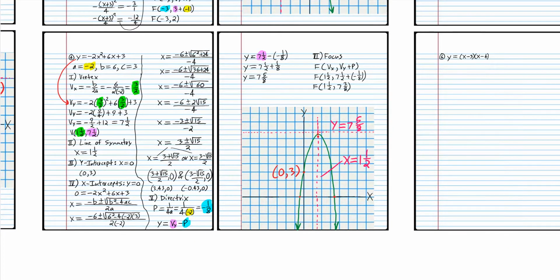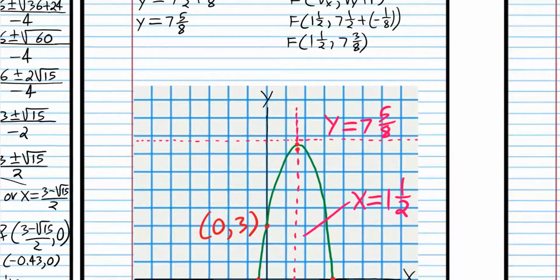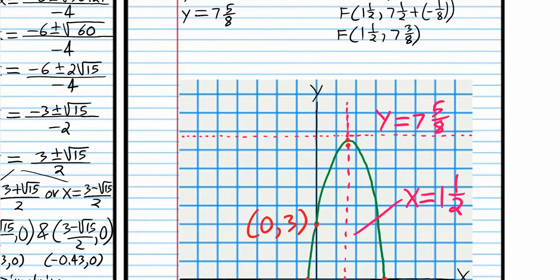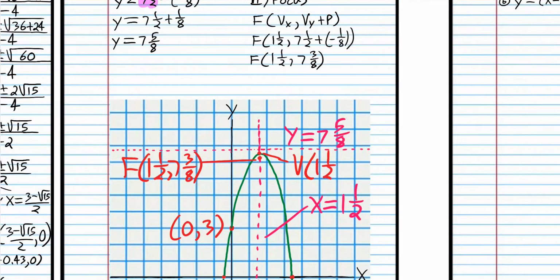And let's see, what else do we have? The focus, we should probably go ahead and label the focus. That's 1 1/2 and 7 3/8. And then the actual vertex, that's going to be 1 1/2 and 7 1/2.